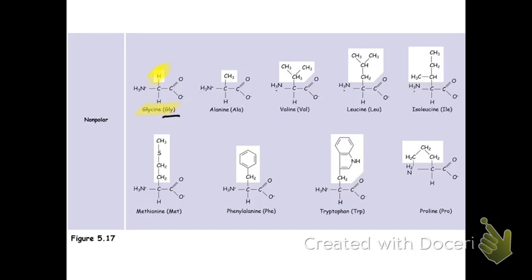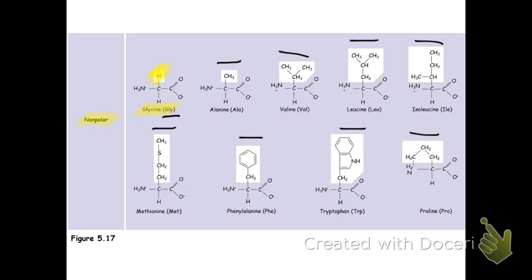So we have R groups that are considered nonpolar, and these are the nonpolar amino acids that you see, because each of the individual R groups here is going to be nonpolar. Some of these look a little bit weird, but they are all nonpolar. That will have a major effect on protein structure later on, which we'll talk about.